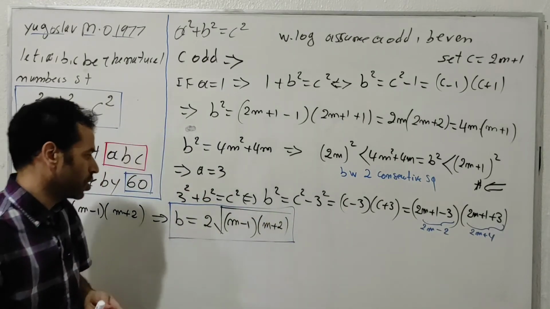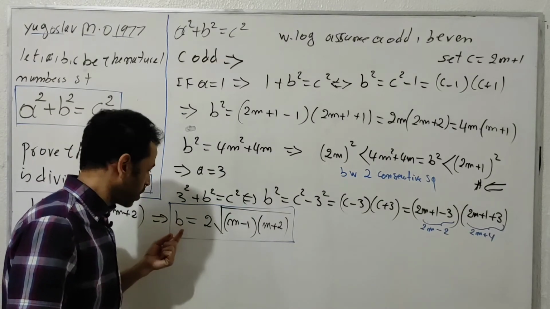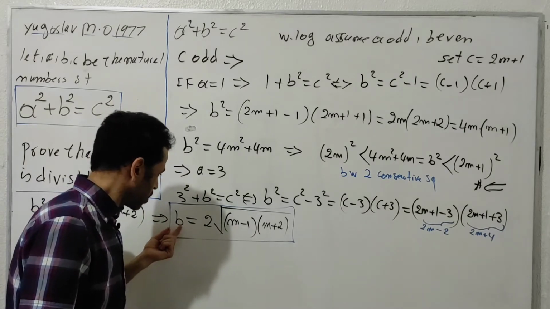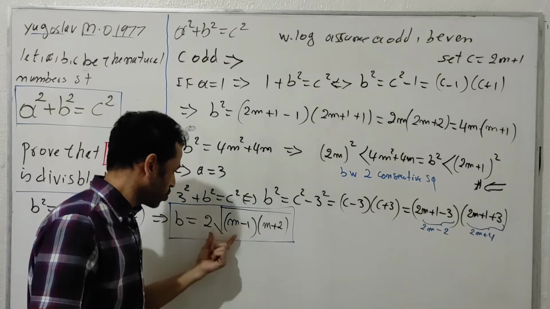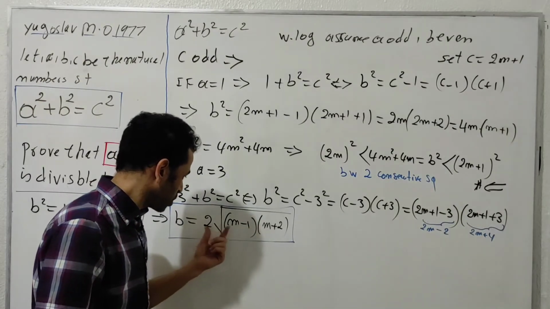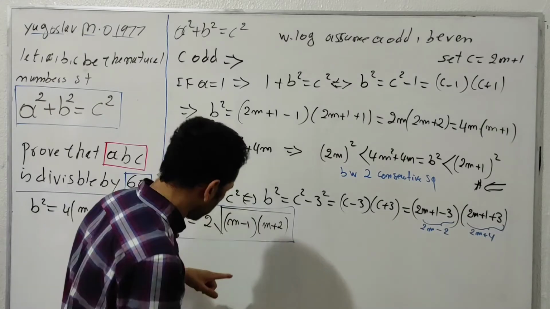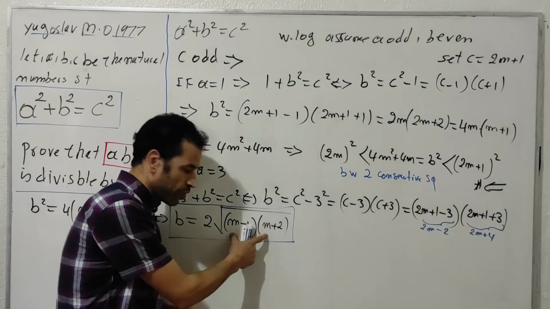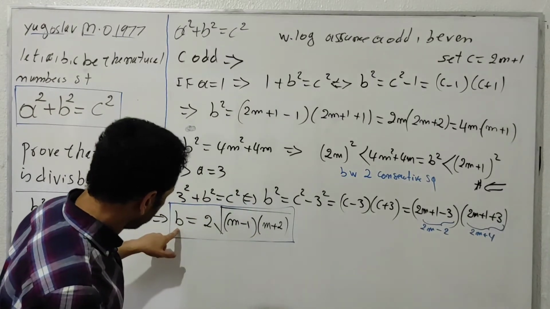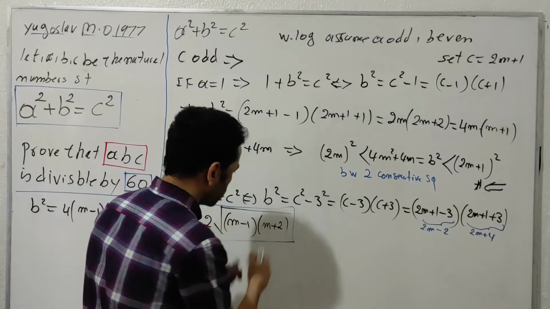If you take a look at this expression, the left hand side of this equation is an integer, an even number, but the right hand side of this equation is not necessarily an integer. In order to make this equality work correctly, we have to have a perfect square here, in order to have this one as an integer. So this term inside of the square root must be a perfect square.